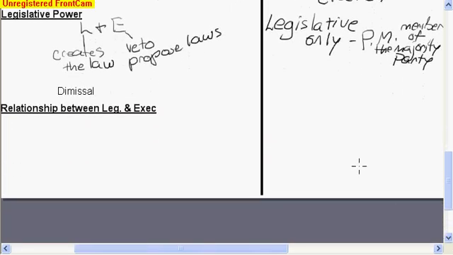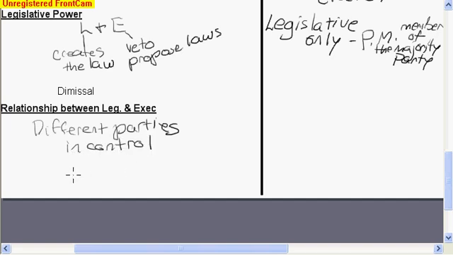All right, moving down just a little bit. For our last piece is just the relationship between the legislative and executive branches in both systems. On the presidential side, there can be different parties in the two branches. And so what that means for a presidential system is that there's going to be less cohesiveness.